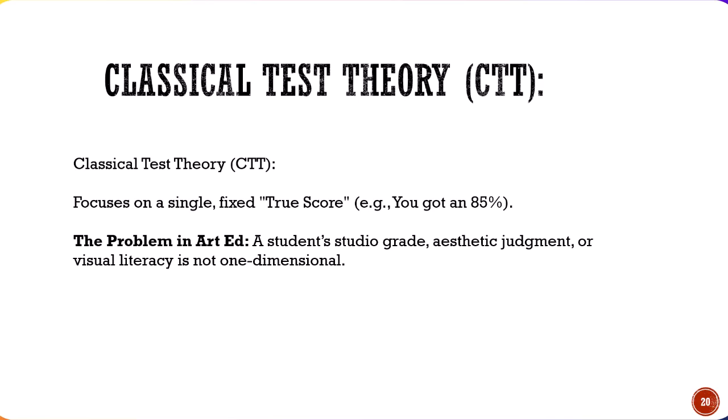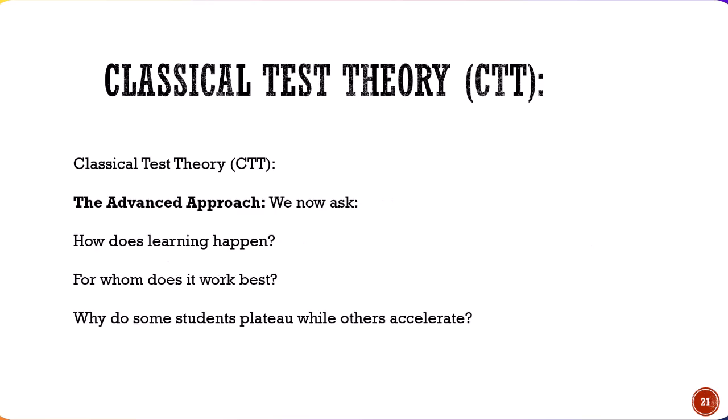Classical test theory basically focuses on just a single true score. With this theory, when a student attains a specific mark or score, we read other judgments or meanings into it. So it is just a one-dimensional true score, and that is it with classical test theory. It does not give us enough information about the data that we've collected.